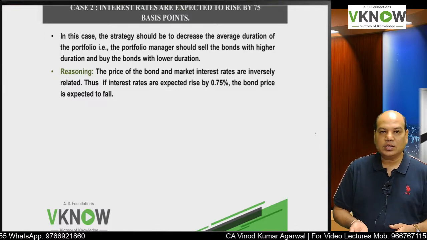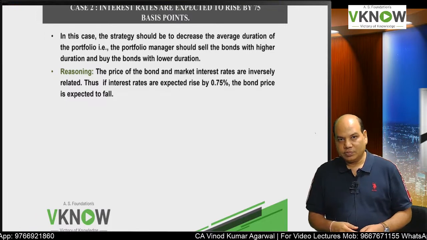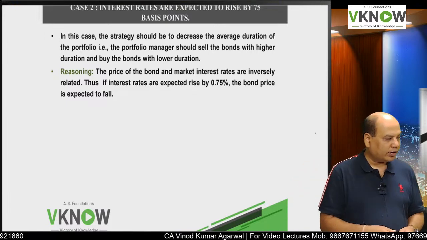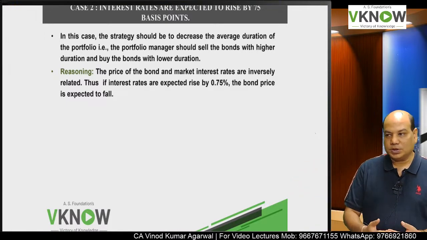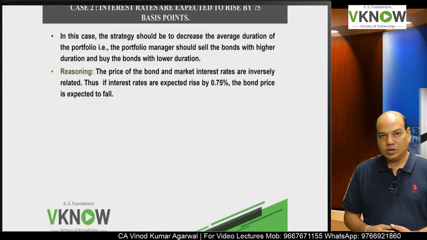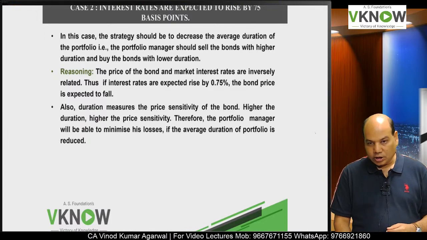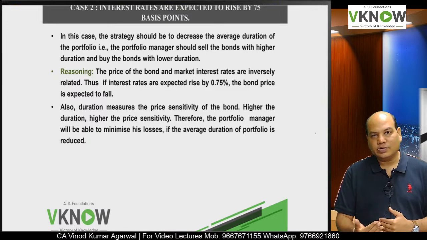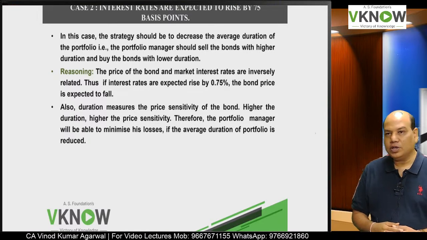If interest rates are expected to rise by 0.75%, the bond price is expected to fall. Then write down same sentence, if you want to write it, otherwise you can skip it. Duration measures the price sensitivity of the bond.